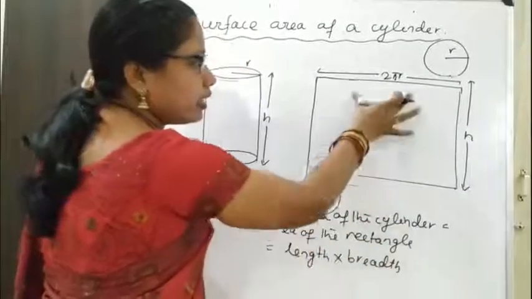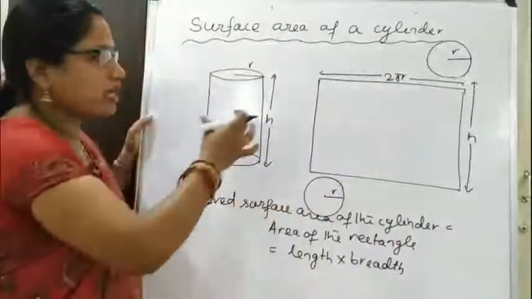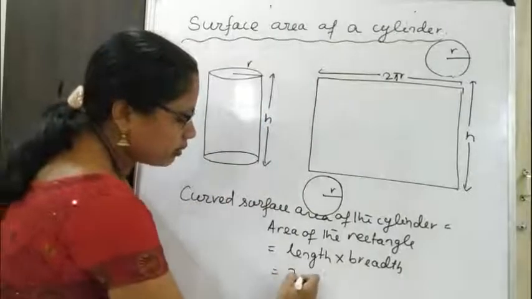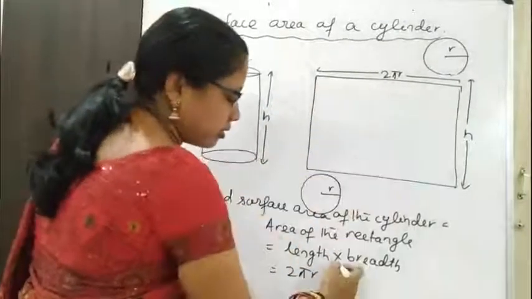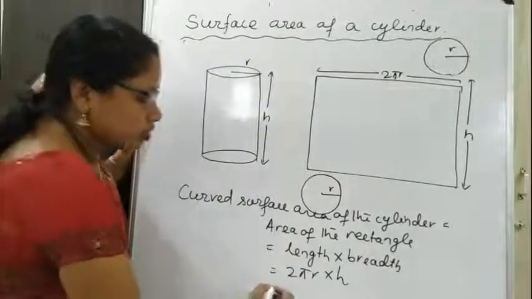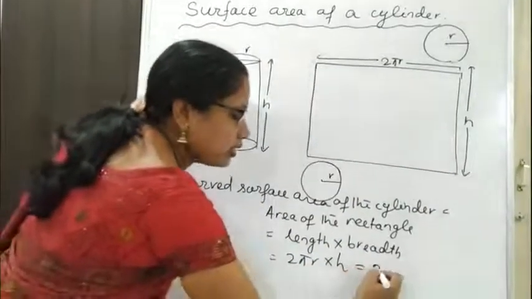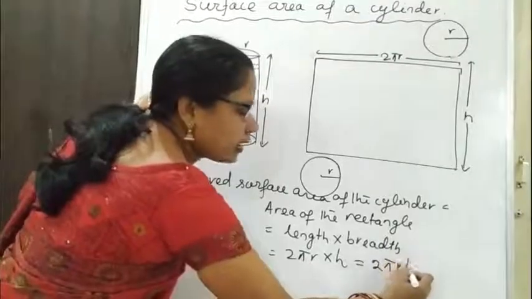Here the length is the circumference of the base, that is 2 pi r, and breadth is the height of the cylinder, this is h. So the curved surface area is 2 pi r h.